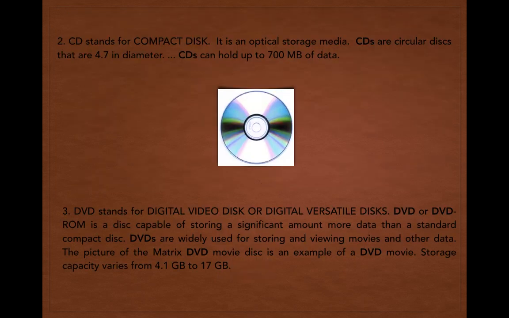Now, the second device that we are going to see is the compact disc, or CD. It is an optical storage device, right? It is a circular disc with a reflective metal coating. You can see the picture of a CD.